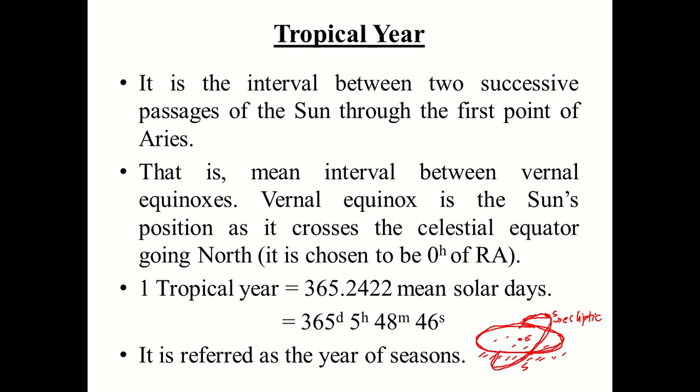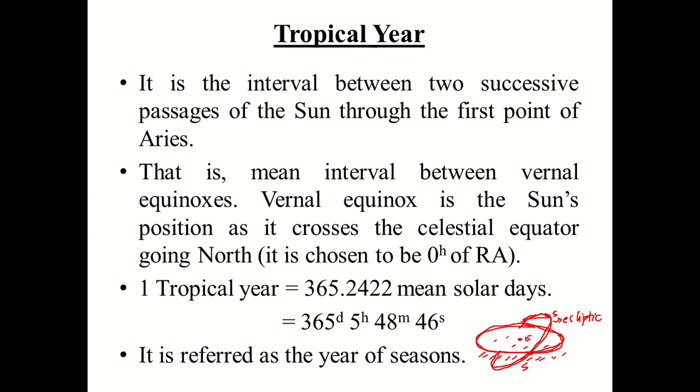The right ascension and the declination are the two systems used to locate points on the celestial sphere, similar to the latitude and longitude, which are used to locate positions on the surface of Earth.